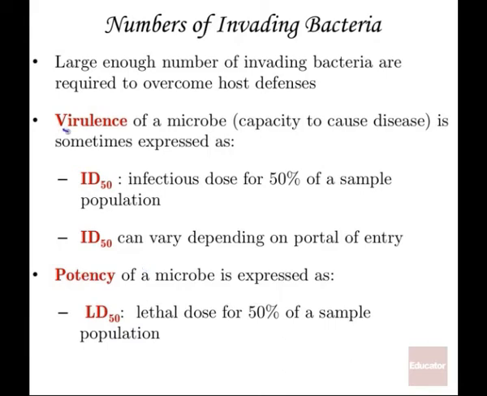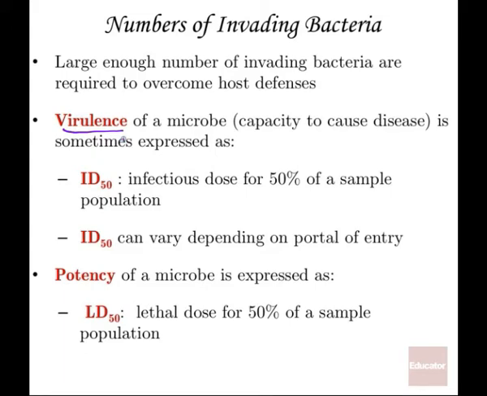One of these criteria is virulence, and that's the capacity to cause disease, and it depends on the infectious dose. So this ID50 is a measurement of the number of bacteria that are needed to cause disease in at least 50% of a susceptible population. At least 50% of them will come down with the disease.